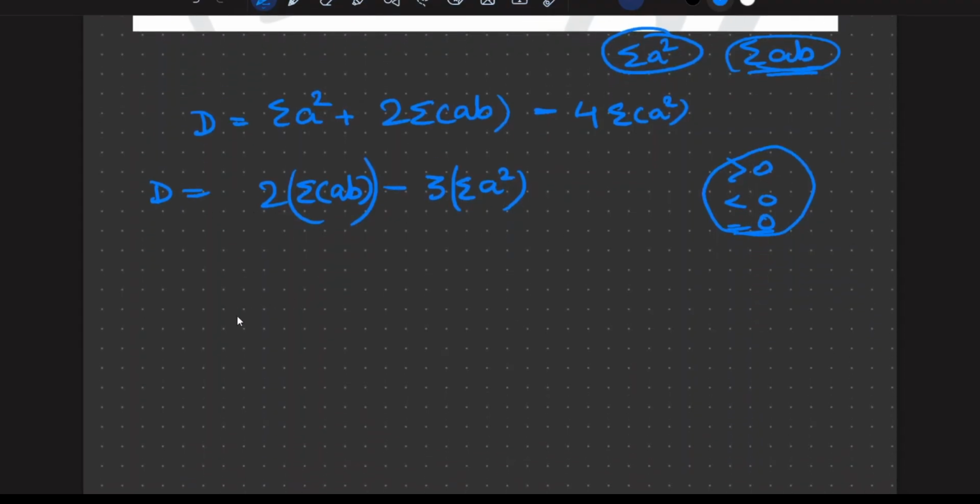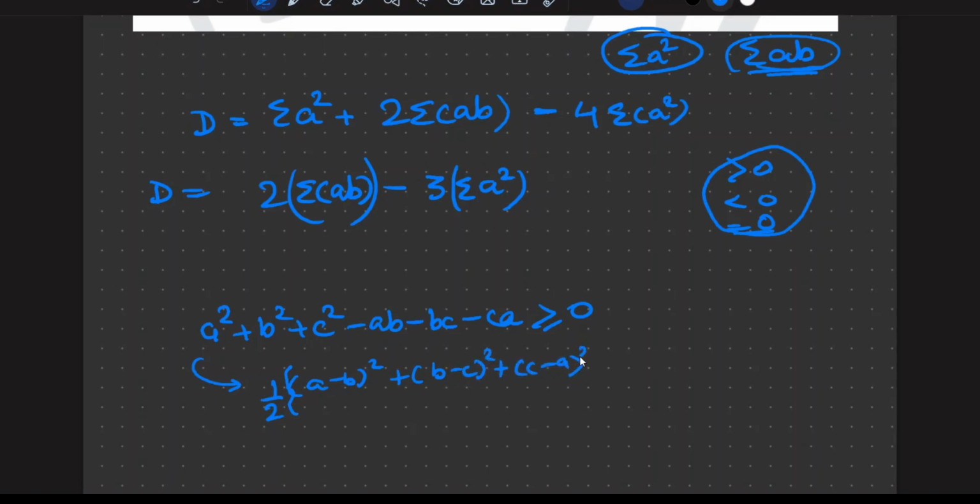So what I'm going to do is, look carefully, you would be knowing this inequality, right? a square plus b square plus c square minus ab minus bc minus ca is greater than or equal to 0. Why? Because this converts to half times a minus b whole square plus b minus c whole square plus c minus a whole square, right?